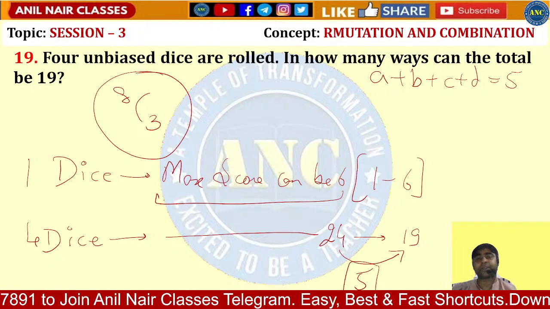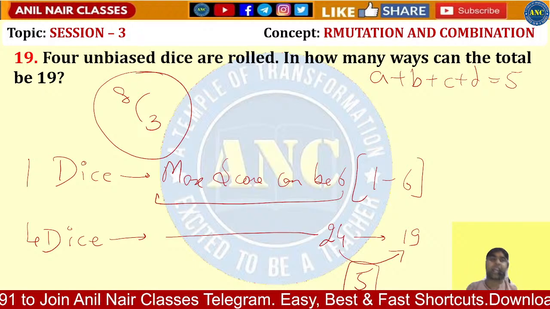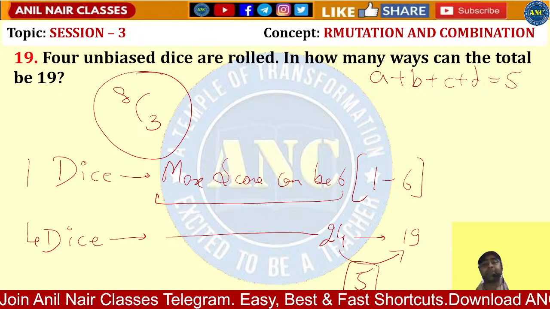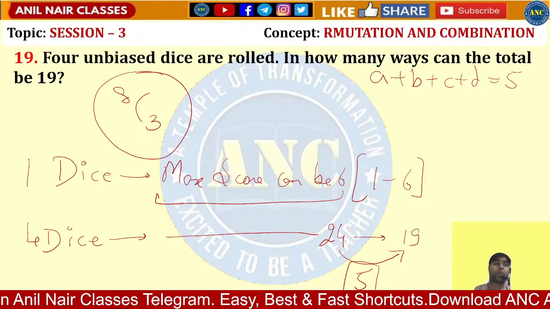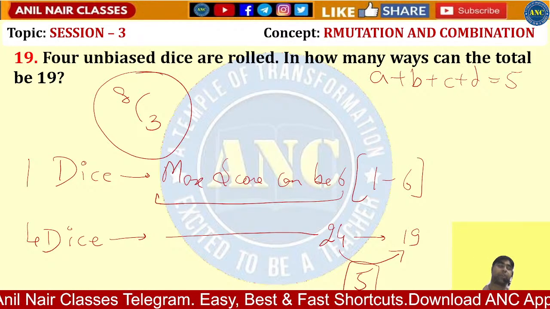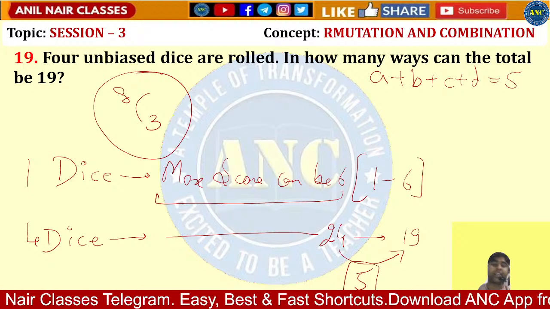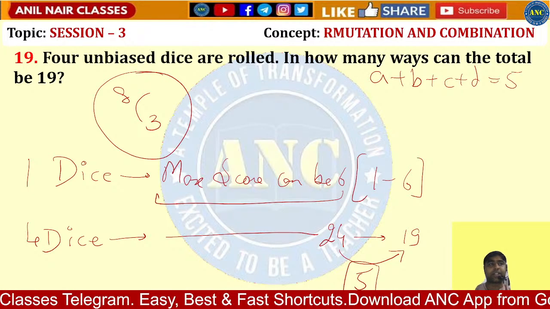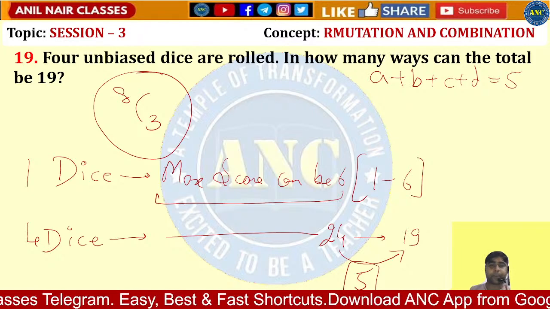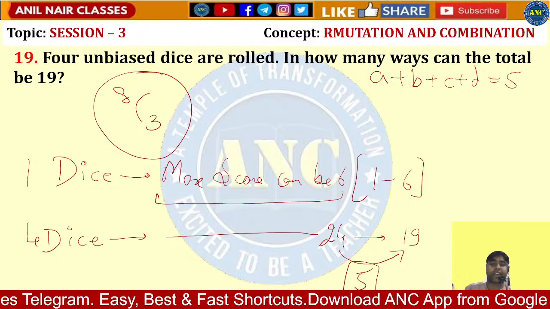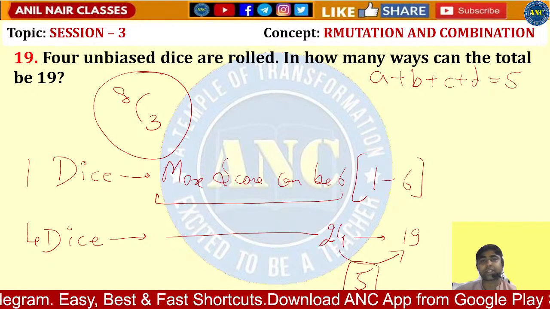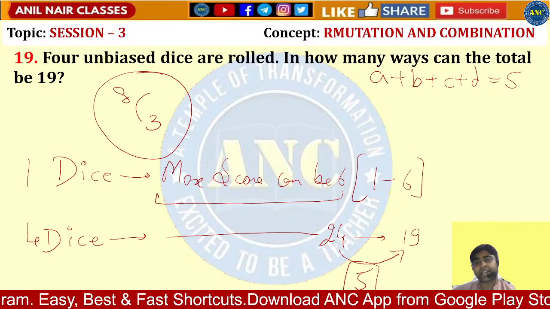Are you understanding my point? The maximum total can be 24, my total is supposed to be 19, so it is lesser by 5. That means in these 4 rolls, I have to divide 5 only, right?